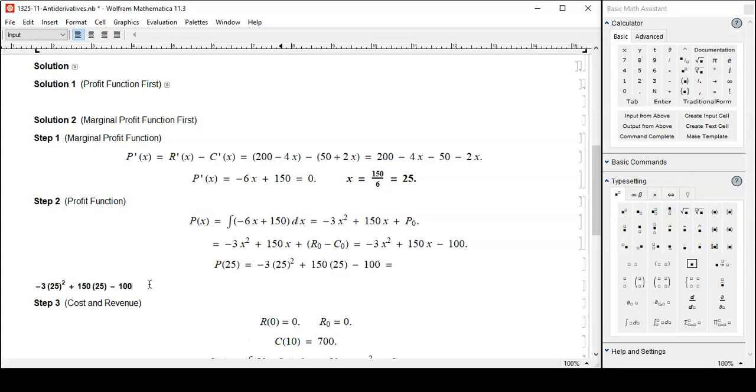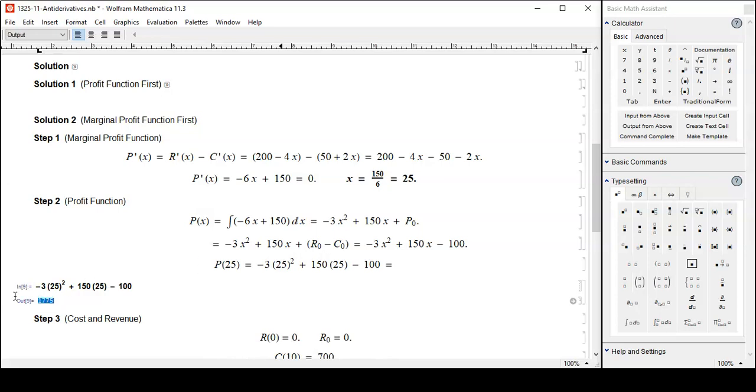So you're supposed to get 1,700 and something. Yeah, 1,775, the same answer as before. So P0, which I just highlighted in red, is R0 minus C0, because profit is revenue minus cost.